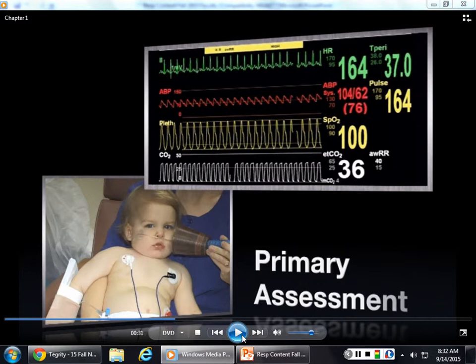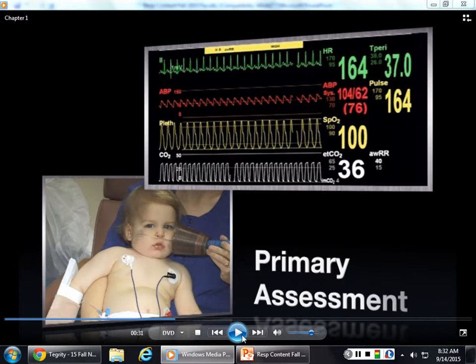Pulse ox is 100, so she's not getting 100% oxygen, but she may be. She's still in distress, even though, what is the pulse ox measuring? It's looking at perfusion, so just because you're perfusing doesn't mean that you're oxygenating well.